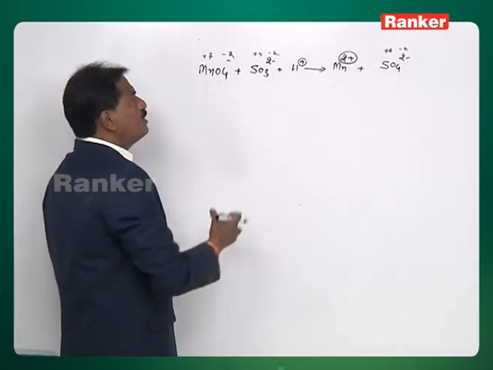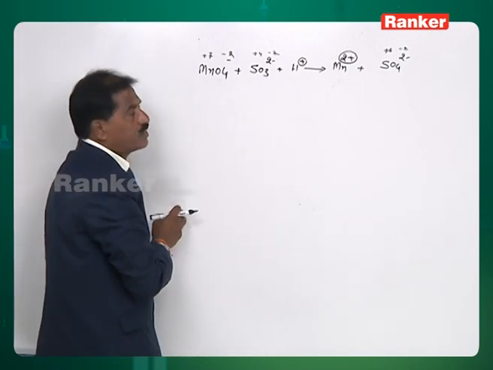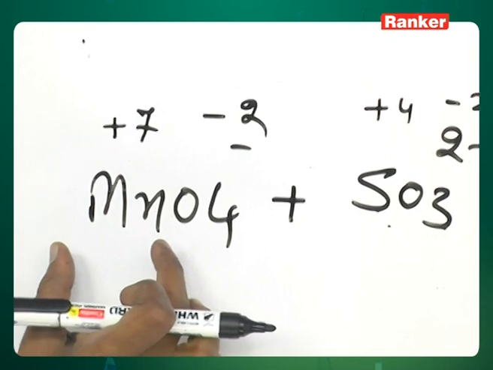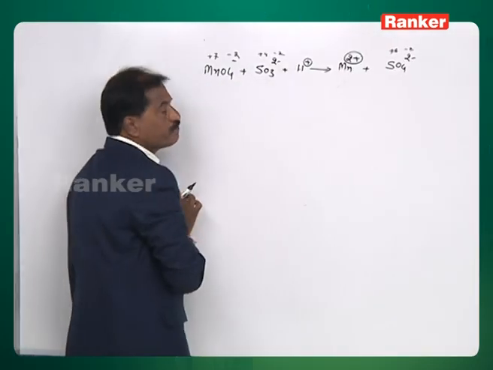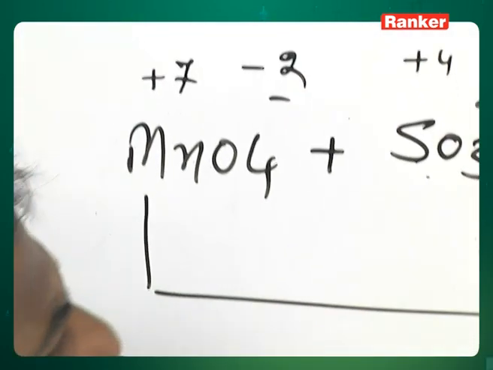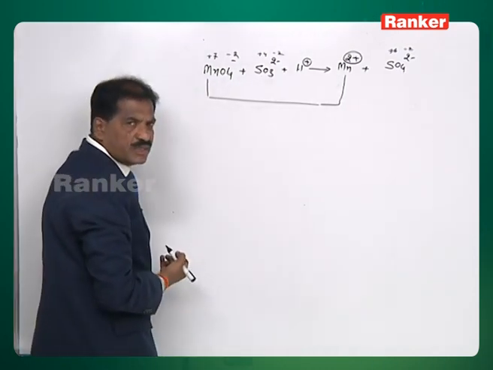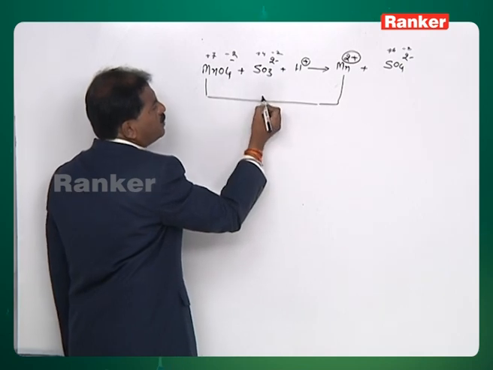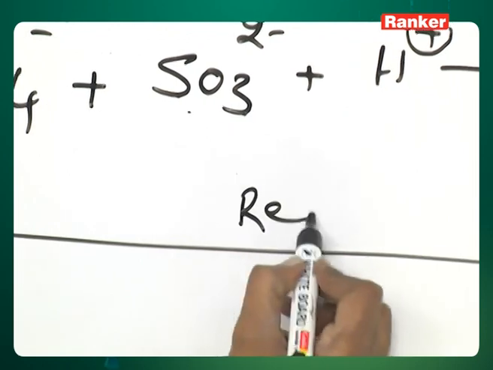So, first identify the oxidation state of each and every atom participating in the reaction. Then compare the oxidation state of a particular atom from the reactant side with the product side. Here +7, here +2. Therefore, in the case of manganese, there is a change in oxidation state. It changes from +7 to +2, which means a decrease. A decrease of oxidation state always represents reduction.